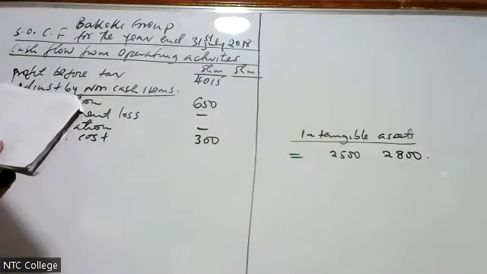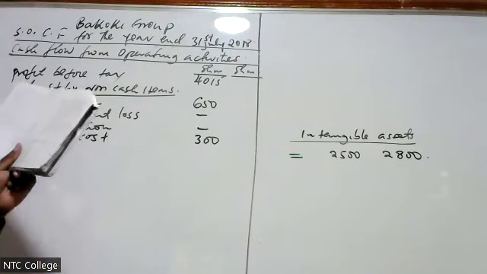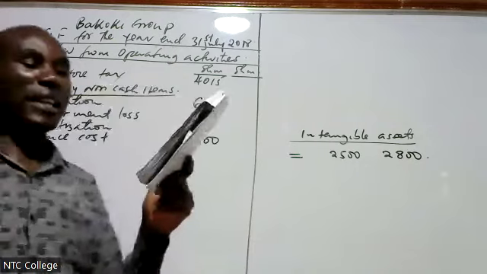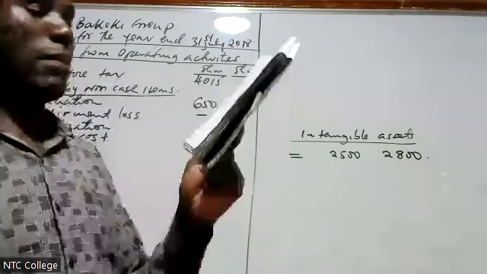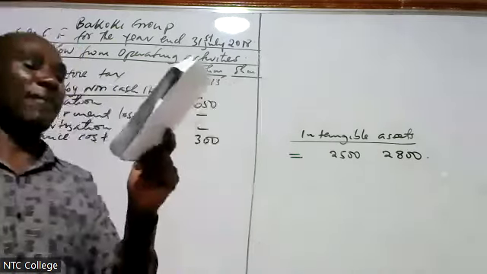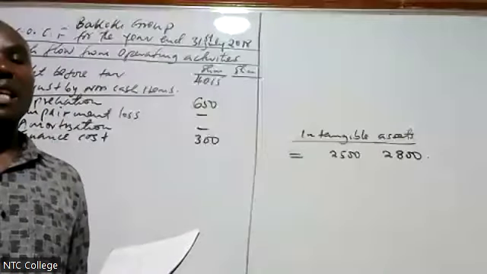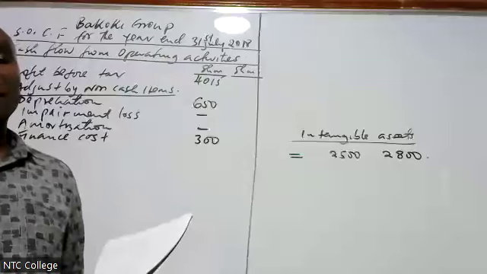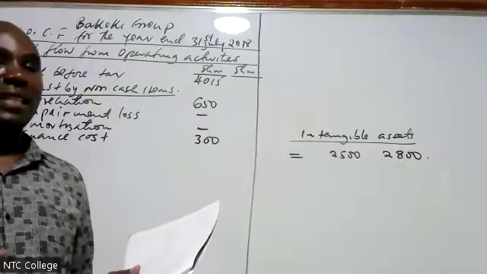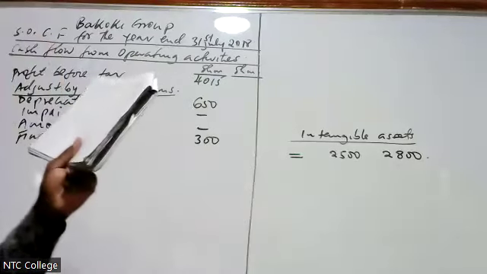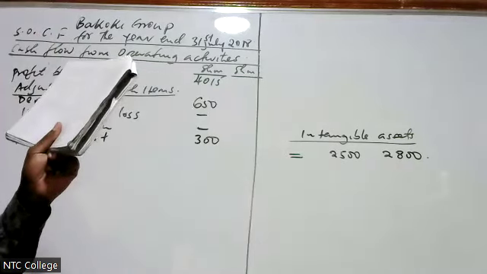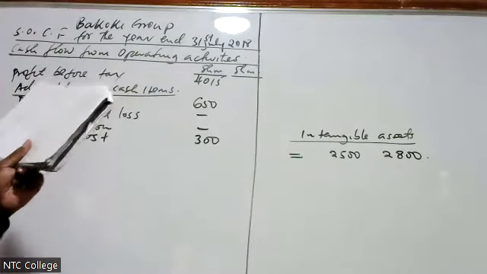Then we go to anything from the income statement that comes before profit after tax. Anything in the income statement that comes before tax, profit before tax, anything. Therefore, in our income statement, we have income from associate.